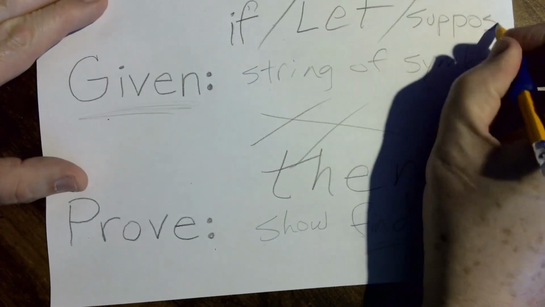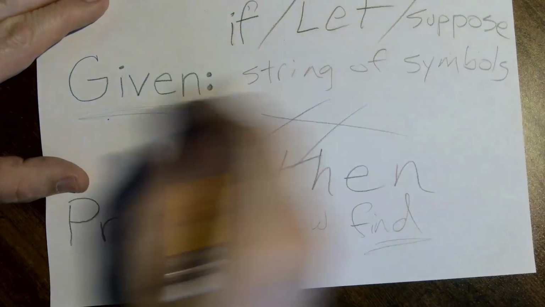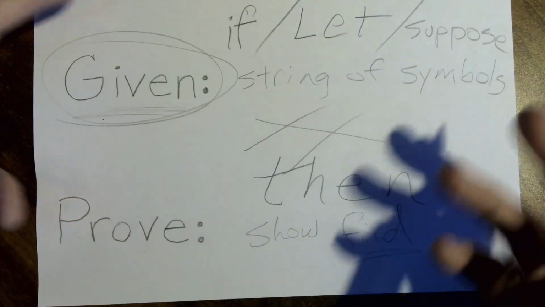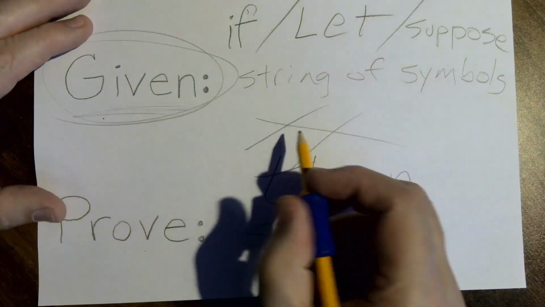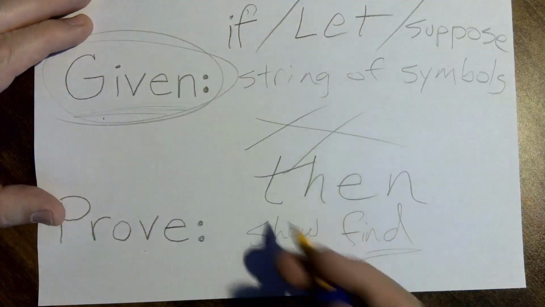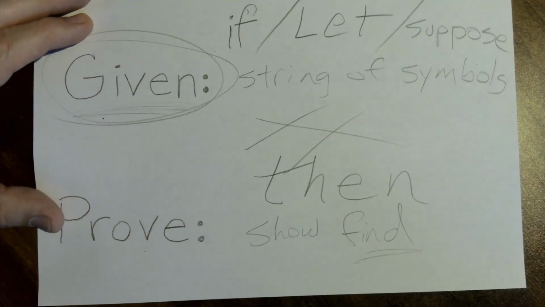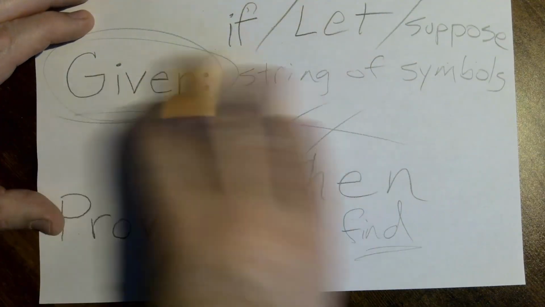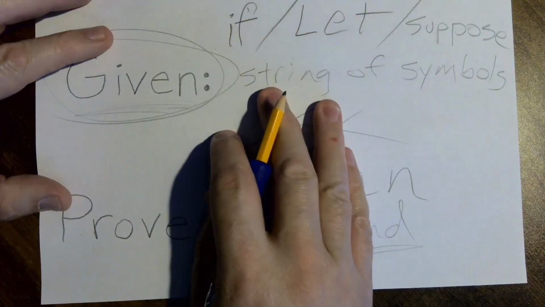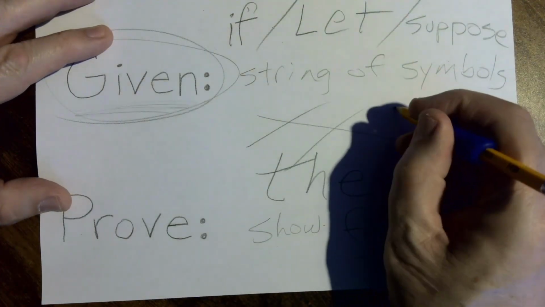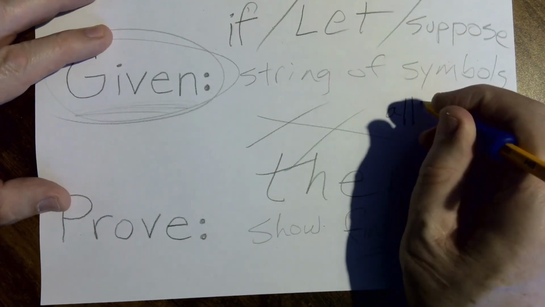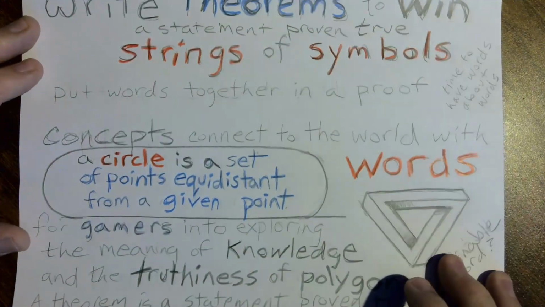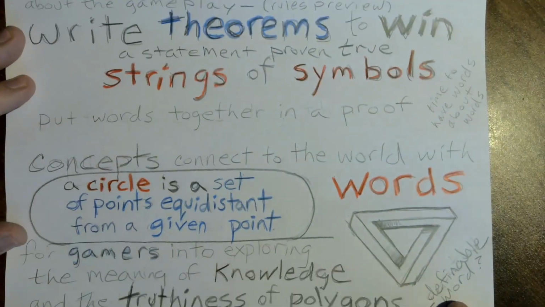Suppose is another word you could use. That's basically like your given. If you have two parallel lines and a transversal, then blah, blah, blah. So what we'll see oftentimes in the given is a combination of some words, like A is parallel to B, combined with symbols. So you've got to write theorems to win.